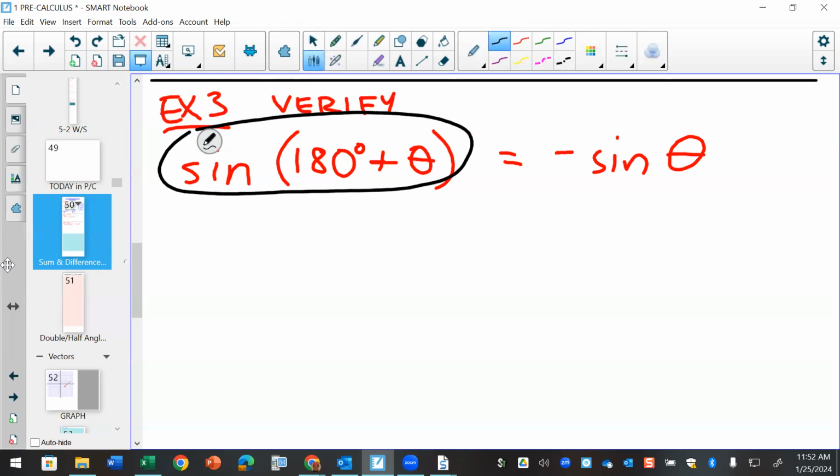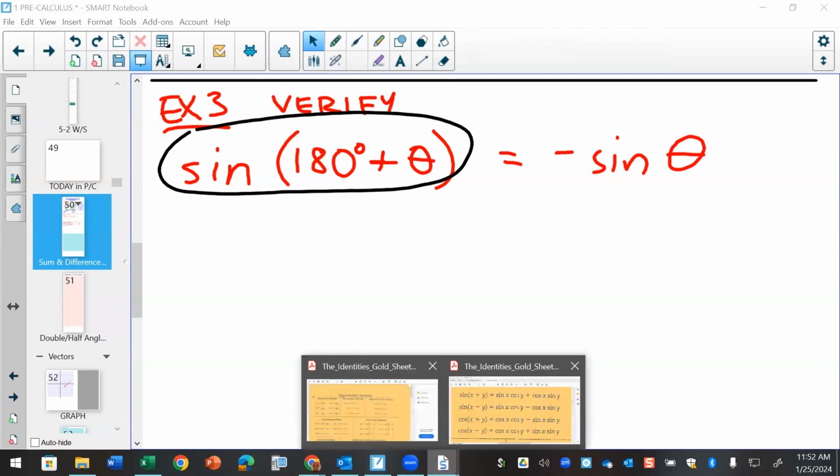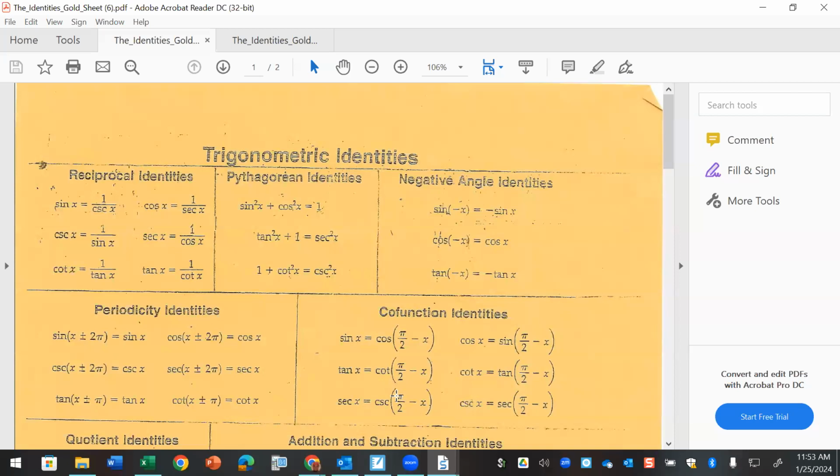I'll tell you what. Where do you think you look first? Your first instinct? No, this guy would have looked at the co-functions. Well, what's wrong with the co-functions? They don't have 180, they have 90. But that's where I would have looked first. Okay, and then I'd be like, oh, no, fail.